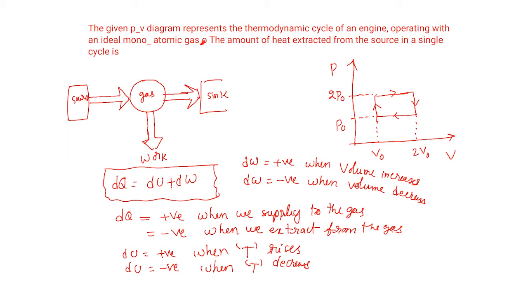When volume increases, work will be done by the gas. When work is done on the gas, the volume decreases obviously. When volume decreases, work done will be negative. Heat will be positive when it is supplied to the gas, and negative when it is taken from the gas. dU will be positive when temperature rises and negative when temperature decreases.